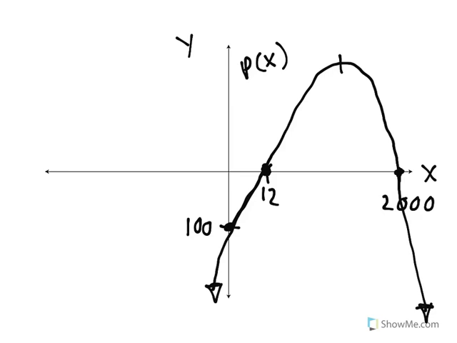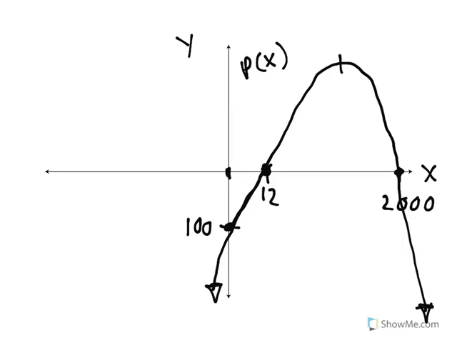You can see at x, which equals the number of umbrellas, when x equals about 12, the profit is zero because on this y axis it's zero, and at 2,000 it's going to be zero as well. So what we want to figure out is the value of x on this function that is going to maximize the profit function, which is P of x. And you can see when he sells zero umbrellas, x equals zero, his profit is going to be negative 100. That's what the graph would look like.